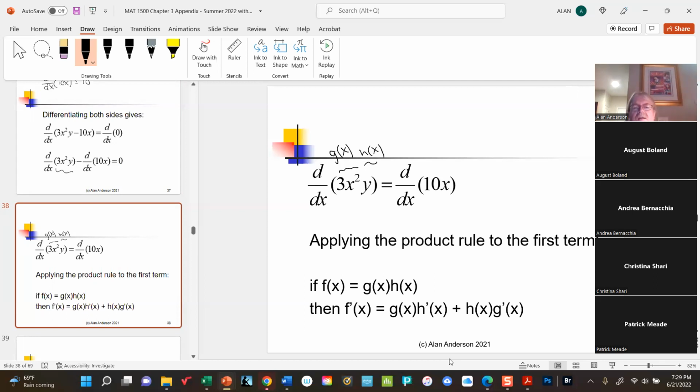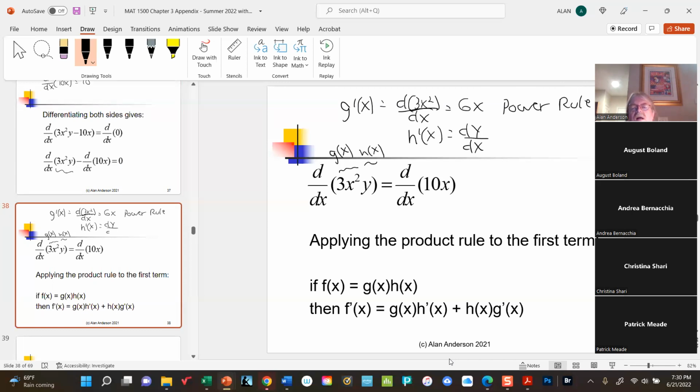But here's the fun part. This will be easy, based on the power rule. What about y? It's just dy dx.